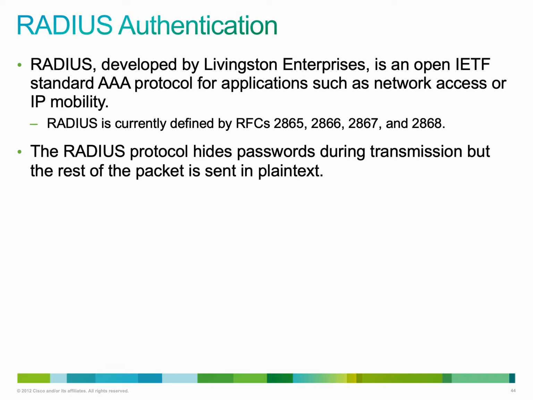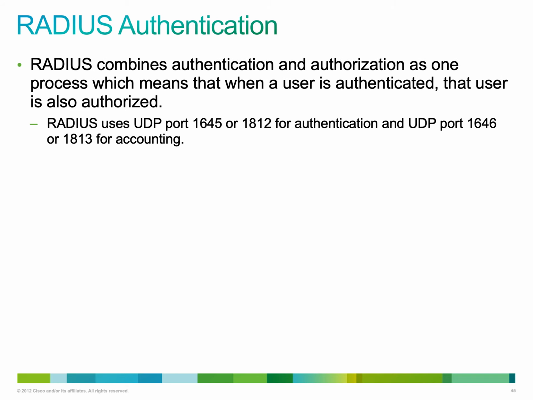Radius is currently defined by RFC 2865, 2866, 2867, 2868. The Radius protocol hides the password during transmission. It encrypts the password, but the rest of the packet is sent in plain text. It does not hide it.